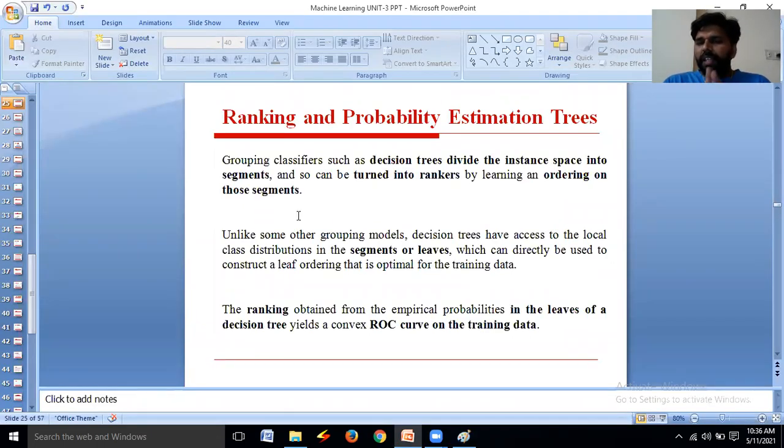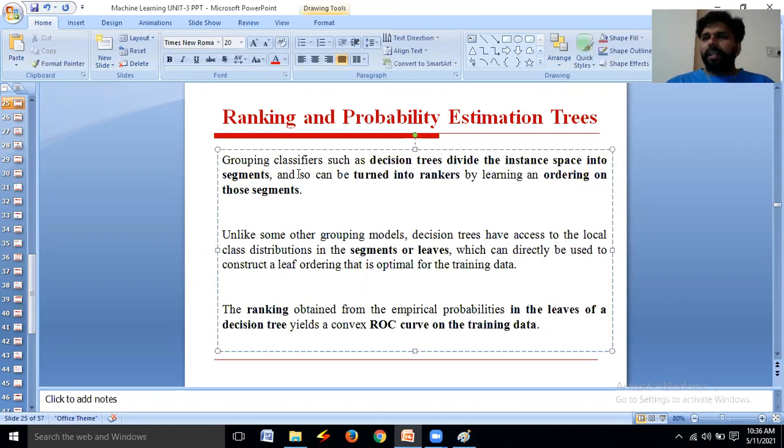Now, coming to the presentation, decision trees divide the instance space into segments, and these segments are constructed by using the ranking of the features. So they can be turned into rankers by learning an ordering on those segments. How to arrange the segments? By using ranking.